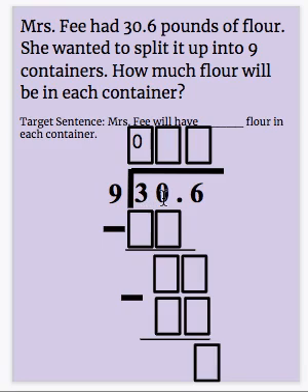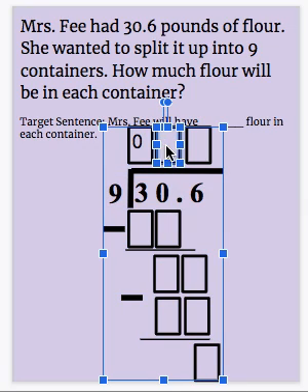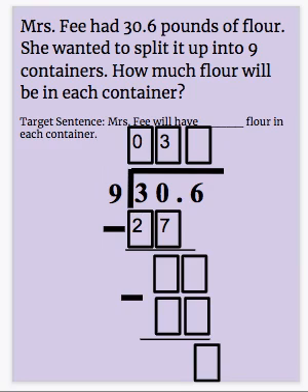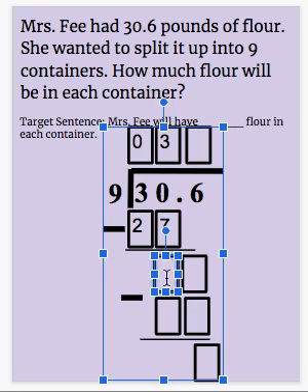Now I have 30. I need to figure out how many groups of 9 I can make without going over. I know that 9 times 3 is 27. So I can place my 27 here, and I place my 3 in my quotient. Now I can subtract 30 minus 27, which I know is equal to 3.